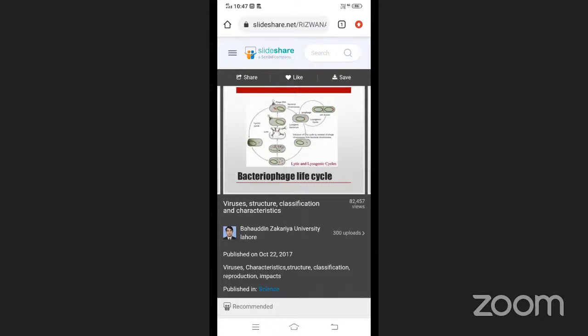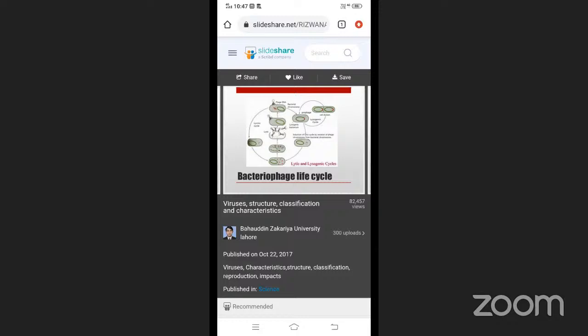So in the lytic life cycle, what happened here? The virus genome is not associated with the host genome, whether that is bacteria or plant or any other. It is not associated.